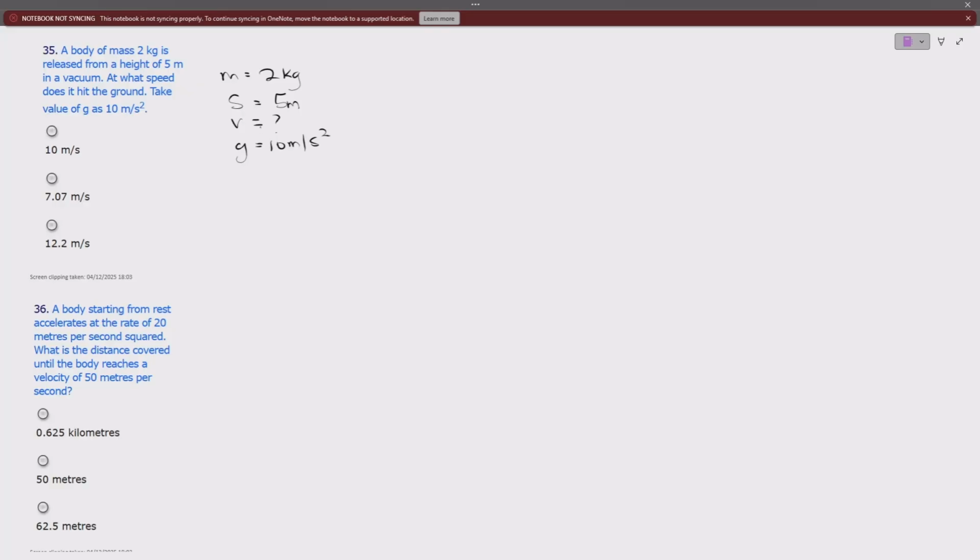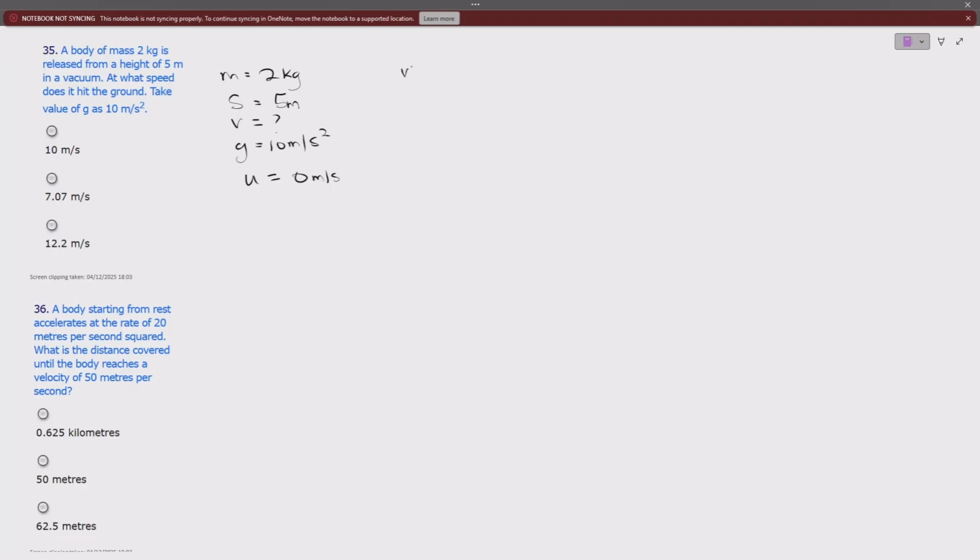So when you look at these parameters, we are going to use v squared equals u squared plus 2gs. u equals 0 meters per second because it was released from a height.